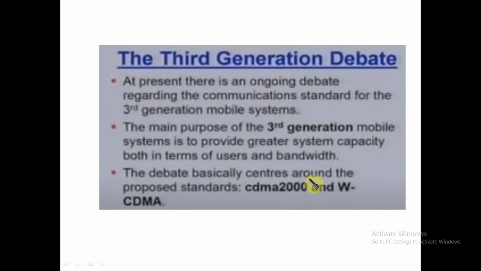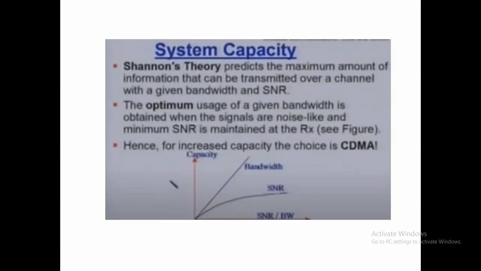It basically centers around the proposed standards CDMA 2000 and WCDMA. Today we know both coexist and we don't converge to one world standard. However, the general multiple access scheme has been finalized. We'll see in our lectures on CDMA 2000 and WCDMA that there are not many significant differences between these two standards.